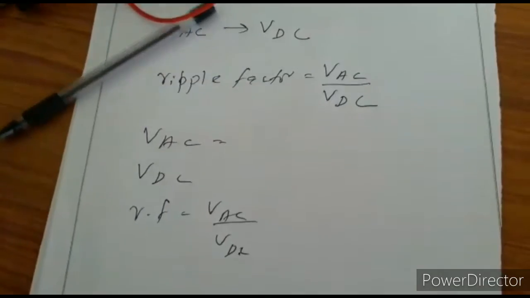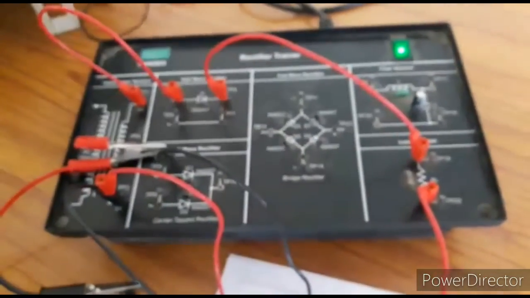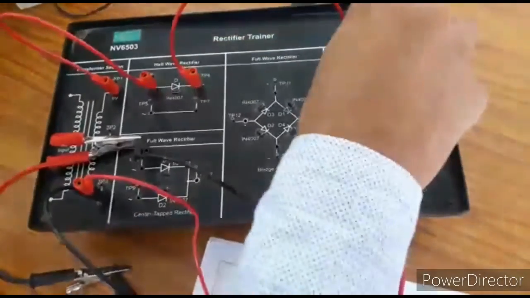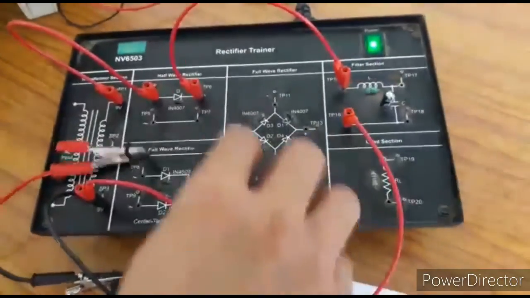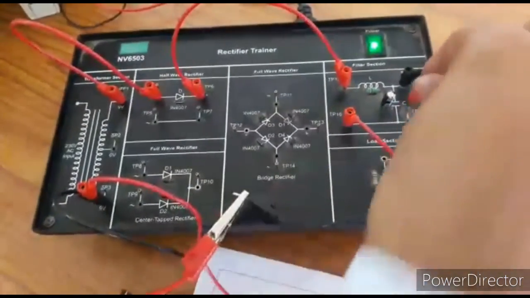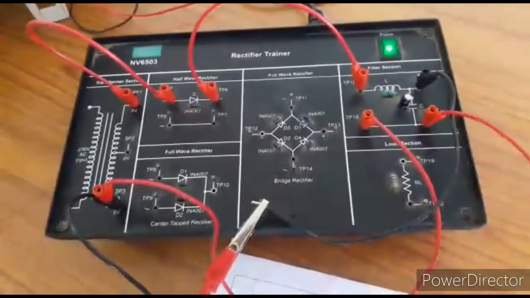If we apply a filter circuit, then what happens? For that filter circuit, I can connect this output here, and I will see its output. It will look like that.